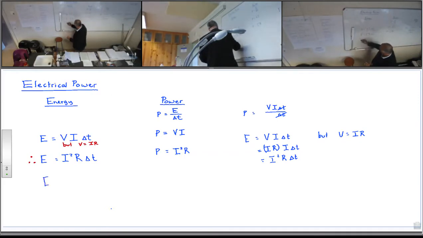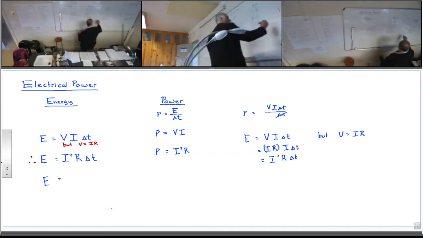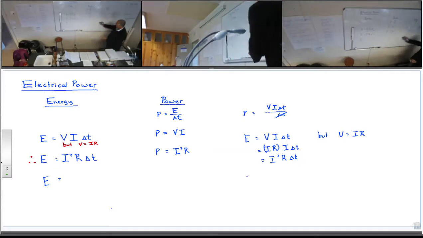E equals, let's do the calculations over here. E equals VIT, okay, equals V. I is V over R delta T. What's that going to give you?